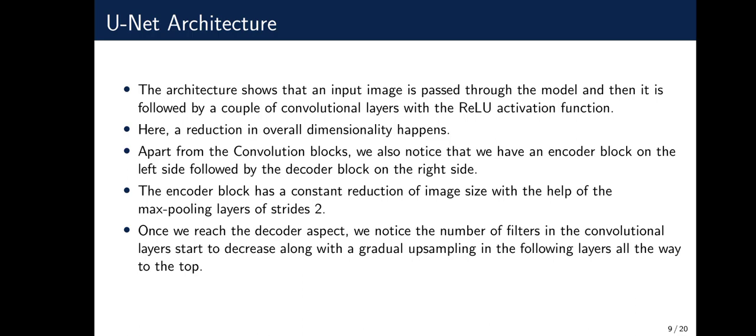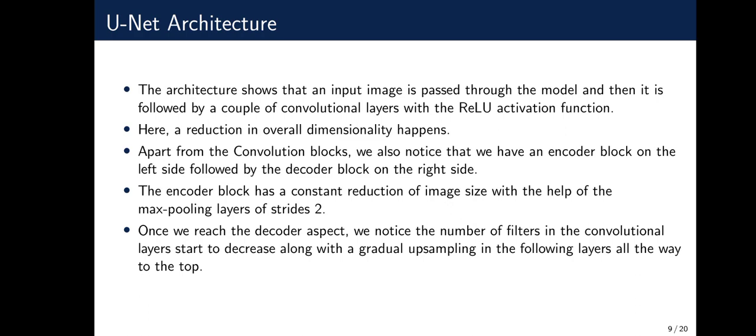Next, the UNet architecture. The architecture shows that an input image is passed through the model, followed by a couple of convolution layers with the ReLU activation function, and a reduction in dimensionality happens. Apart from the convolution blocks, we also notice that we have an encoder block on the left side followed by the decoder block on the right side.